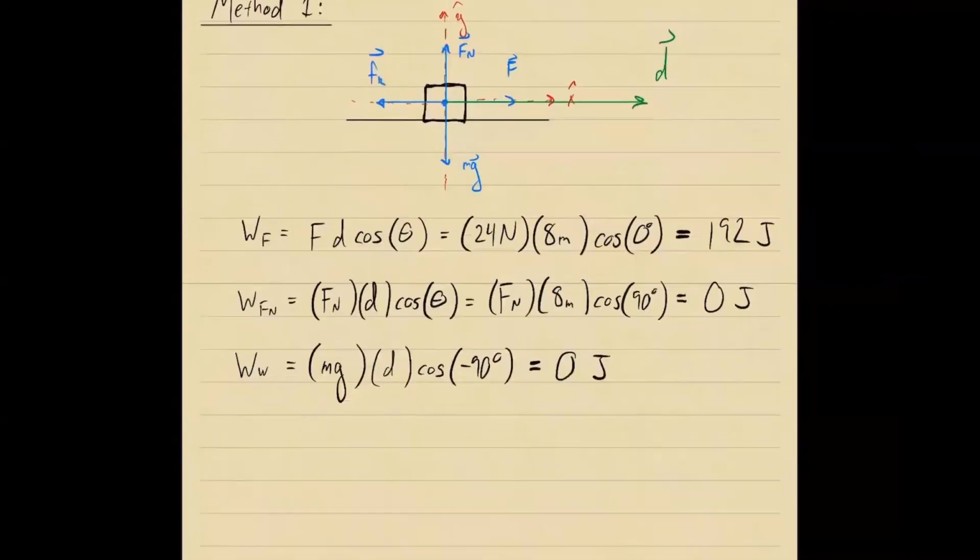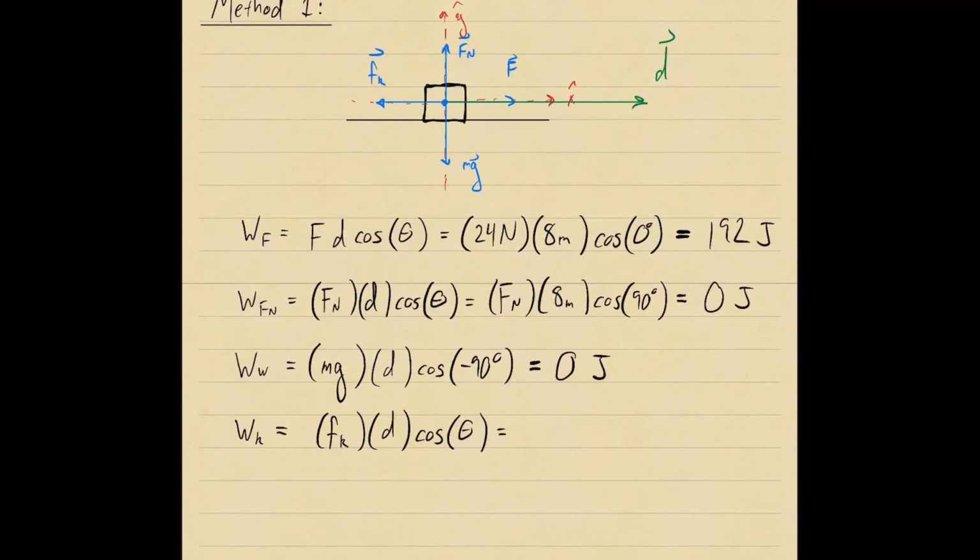And so last but not least, we have the work done by the kinetic frictional force. It's going to be equal to the magnitude of the kinetic frictional force times the displacement times cosine of the angle between them. The magnitude of the kinetic frictional force is mu sub k times the normal force.